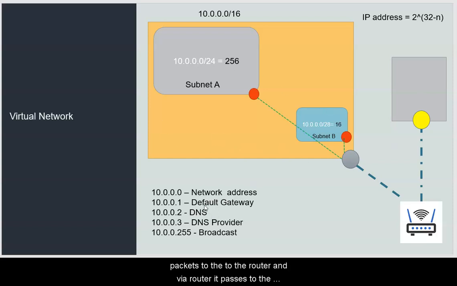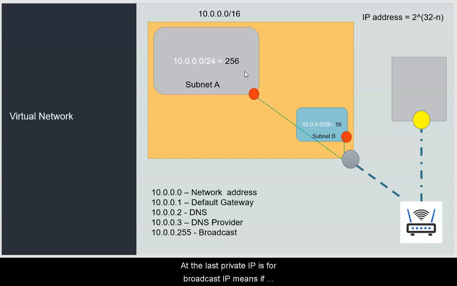DNS is like, if our subnet has any IP address and any domain is using it, that private IP belongs to that DNS, and that DNS is provided by some DNS provider. So the fourth IP address is reserved for that DNS provider, and the last IP address is for the broadcast.